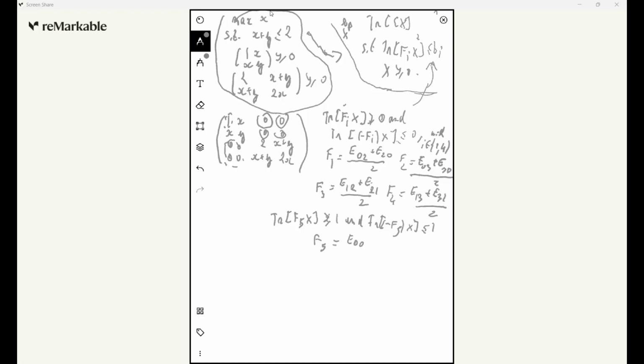So after we can take this one, so 2 for example, and so have trace of f6 of x equal to 2, and trace of minus f6 of x inferior to 2 with f6 being equal to e22.